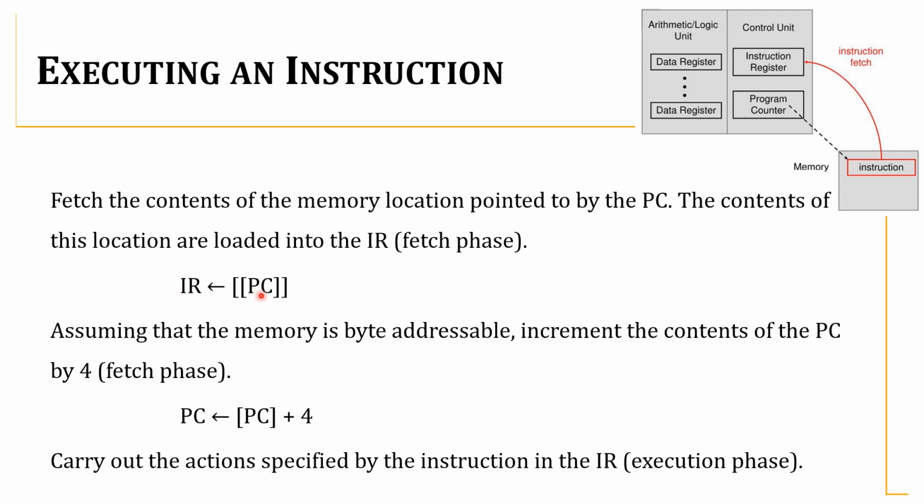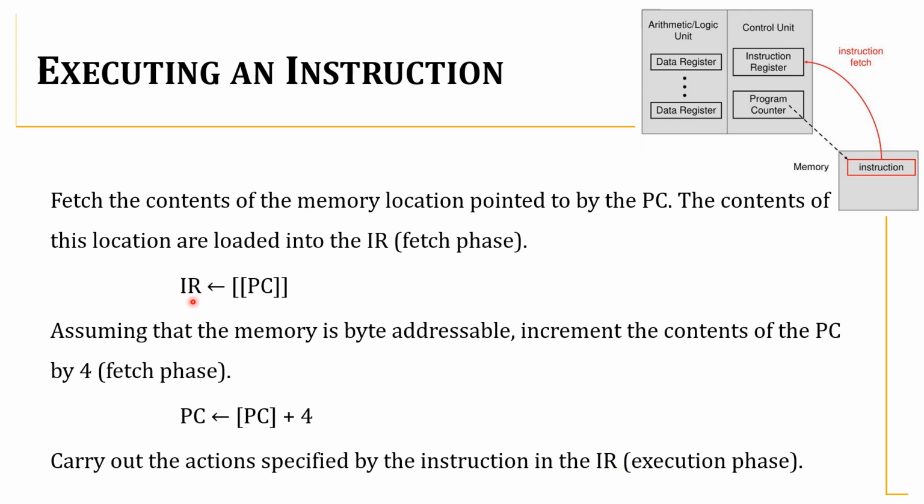Okay, then this PC needs to be incremented to point to the next instruction address, right? We are going to increment the PC by 4 since we have byte addressable memory. So we are incrementing the PC content by 4 to point to the next instruction to be executed. Then carry out the actions specified by the instruction in the IR, that is the execution phase.